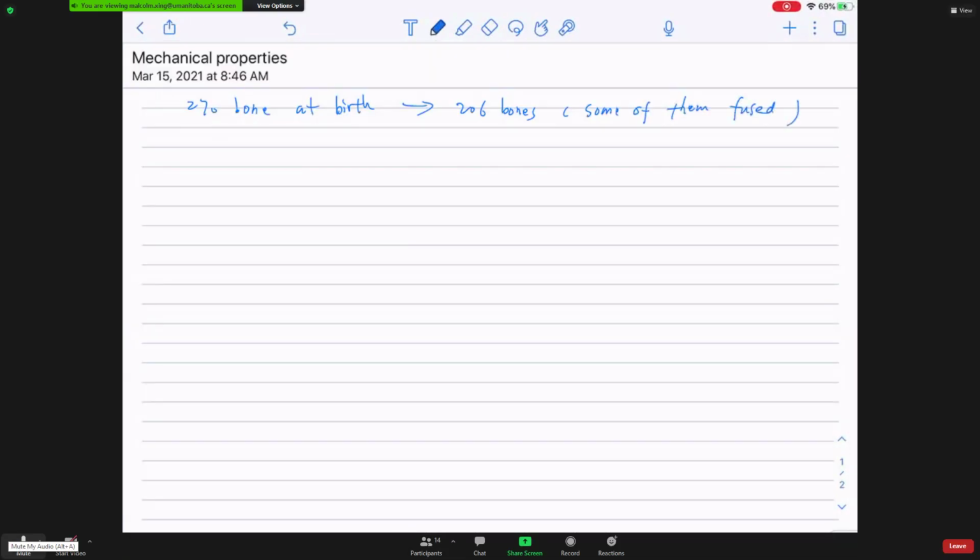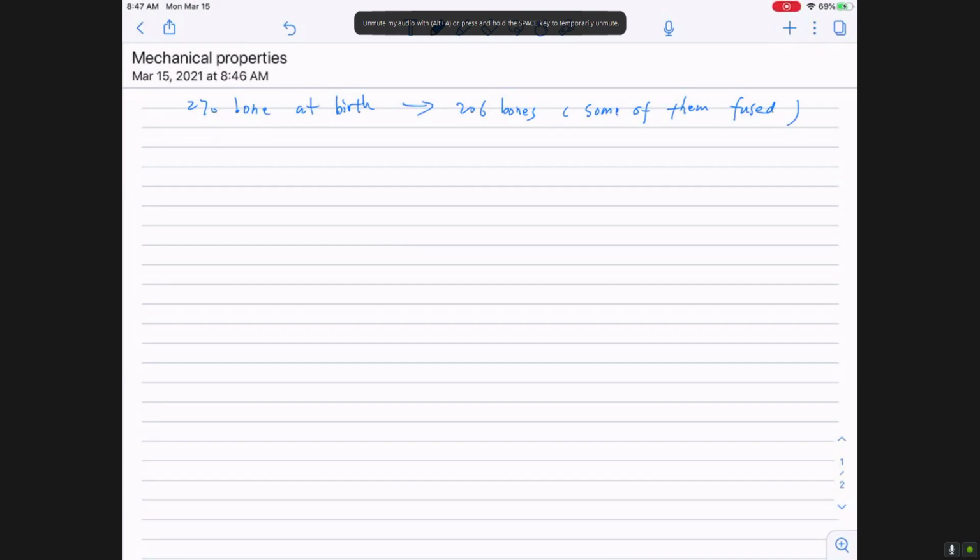Each bone has its mechanical properties, and for example we need to think about tension and compression. If we design a filling for a bone defect, we always think about the materials design.